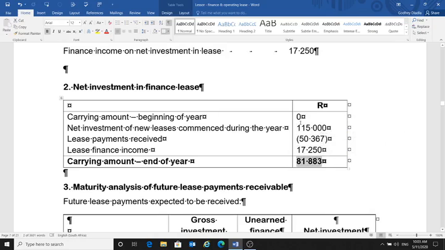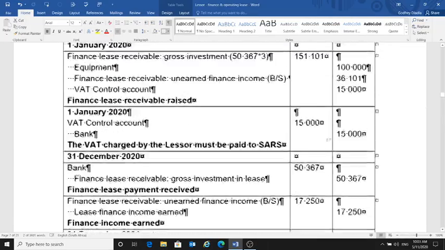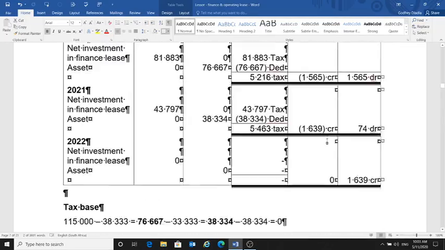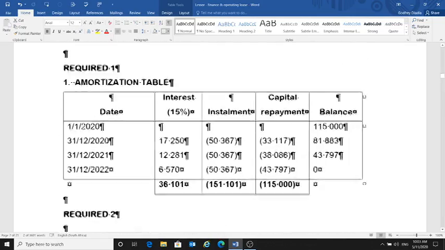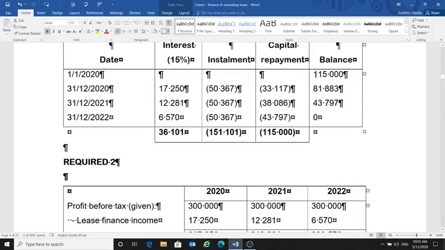If you look at this note 2, this is the lease transactions during the first year, and you can easily go and analyze these transactions when looking at your amortization table. For an example, in your amortization table, you started here, and here's the payment.